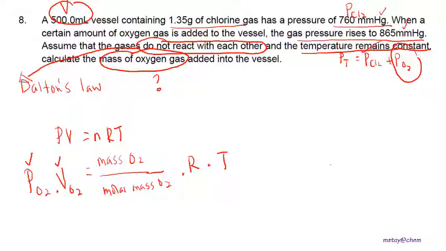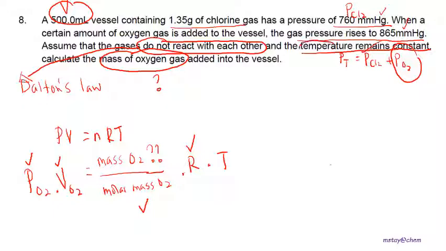Okay, the mass of oxygen gas is the one that we are looking for. Molar mass, as we know, the atomic mass for oxygen is 16, so we can also determine the molar mass. R, the gas constant, is fixed, so we can substitute in 0.08206 liter atm per mole per Kelvin. And then the last one is the temperature.